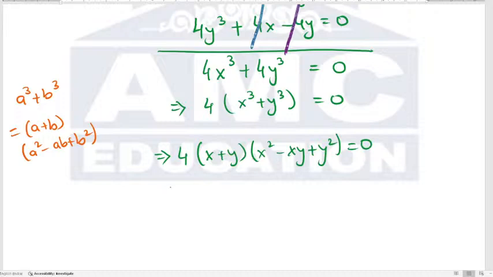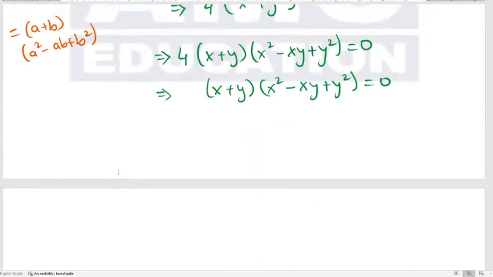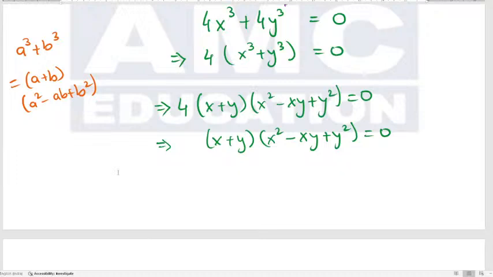Correct? And of course, 4 cannot be equal to 0. So x plus y multiplied by x squared minus xy plus y squared is equal to 0. Now, we need to solve this equation. We need to find the values of x and y.